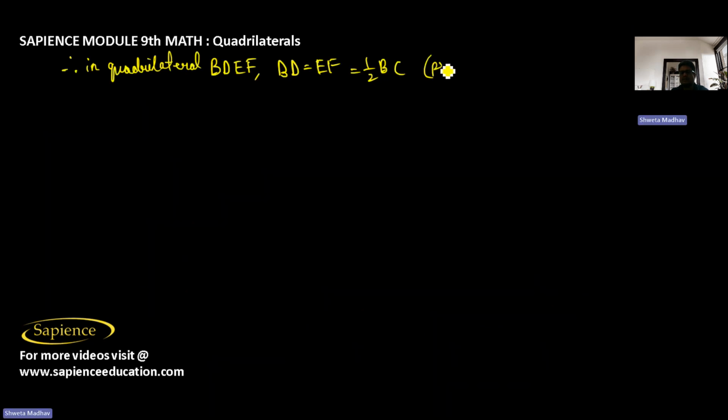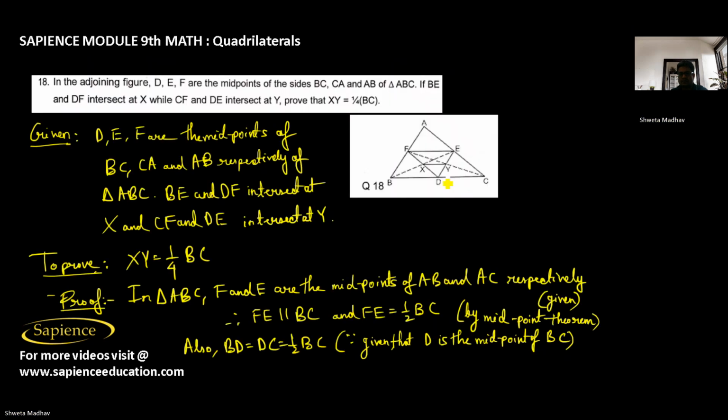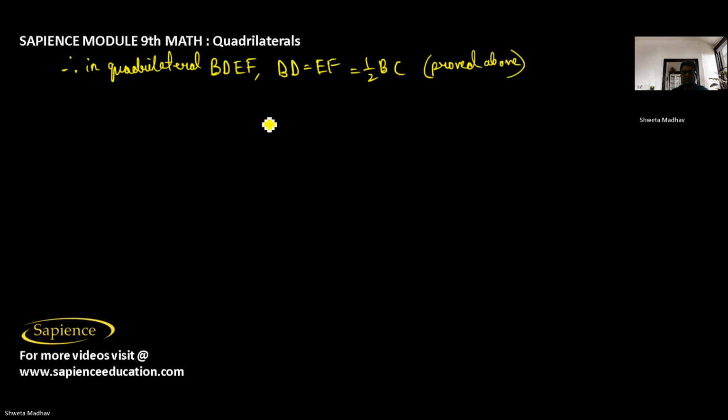It is proved above. And BD is parallel to EF also, which is also proved above.